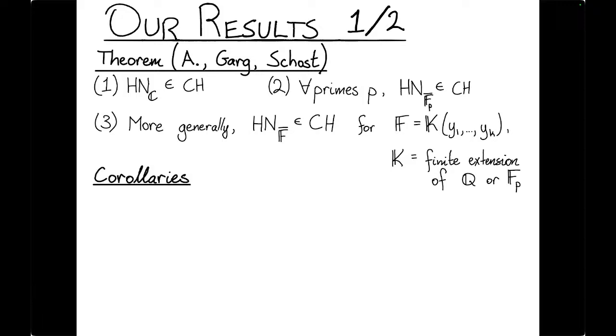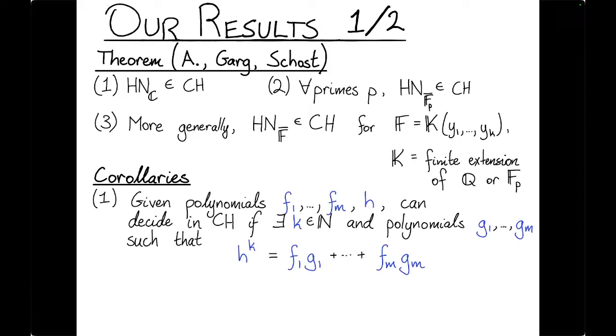Let me tell you some corollaries of this. There are two easy algorithmic corollaries. One is for the radical ideal membership problem. Here, we're given polynomials f1 through fn and an extra polynomial h, and we can decide in the counting hierarchy if there's a natural number k and additional polynomials g1 through gm so that h to the k is the sum of fi times gi.